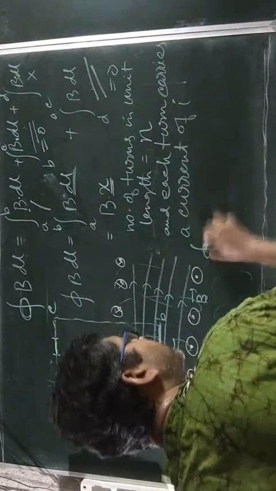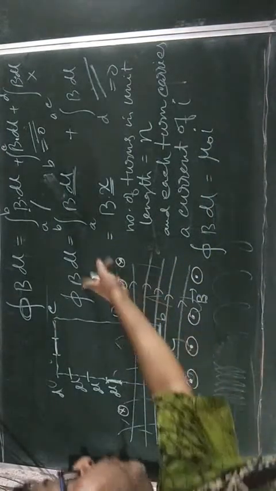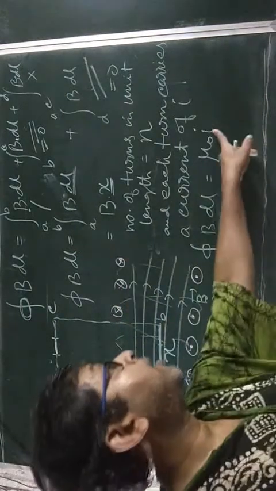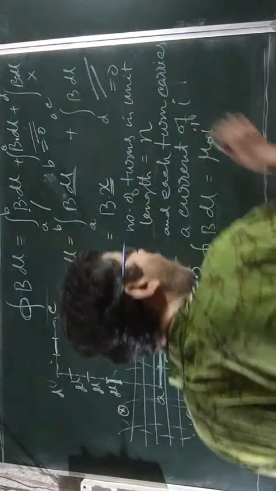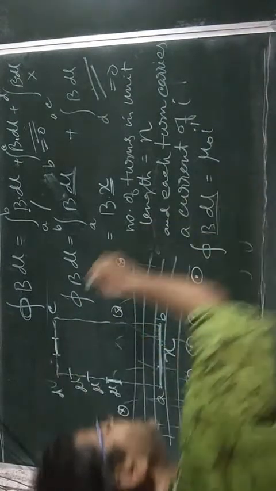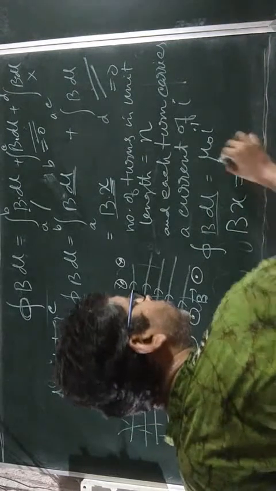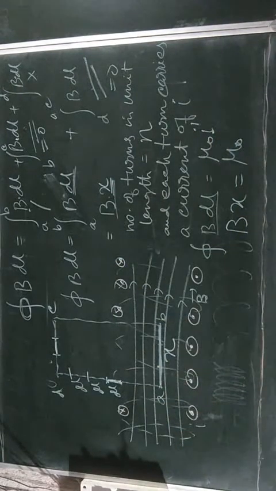According to Ampere, the closed integral B dl is equal to mu naught times I. So if we consider here the current as I prime, how can you find this I prime? This B dl is equal to Bx. Bx is equal to mu naught times the current for this section.